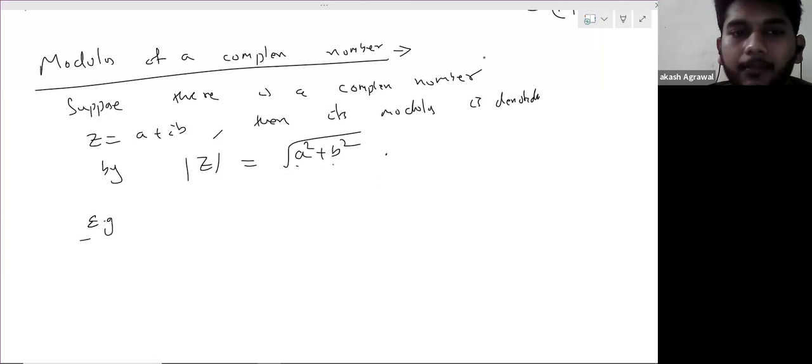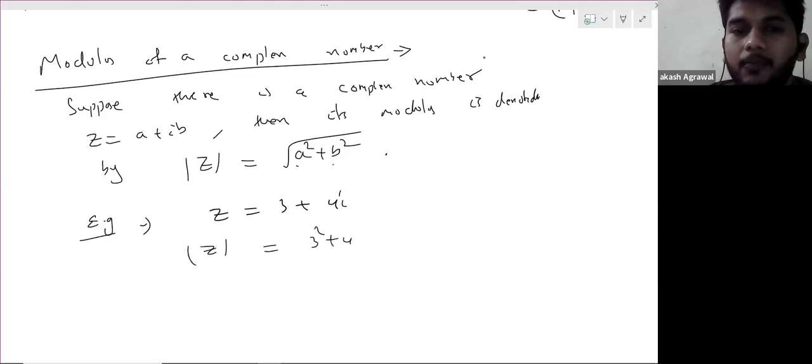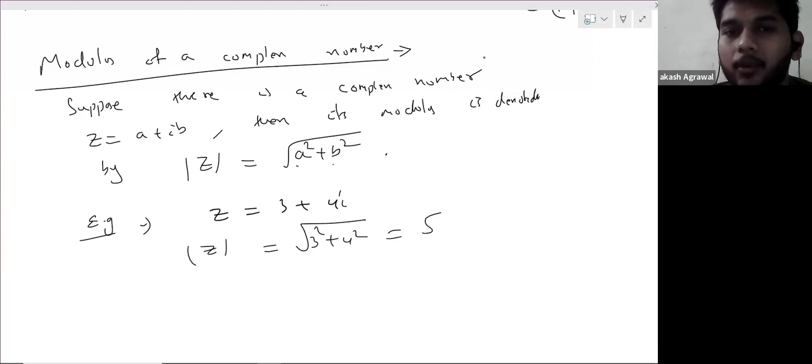For an example, if you have z equals 3 plus 4i, then mod z will be the square root of 3 square plus 4 square, so 5. All right, and it is always positive. Never take the negative value. Note it down. Tell me when you are done.